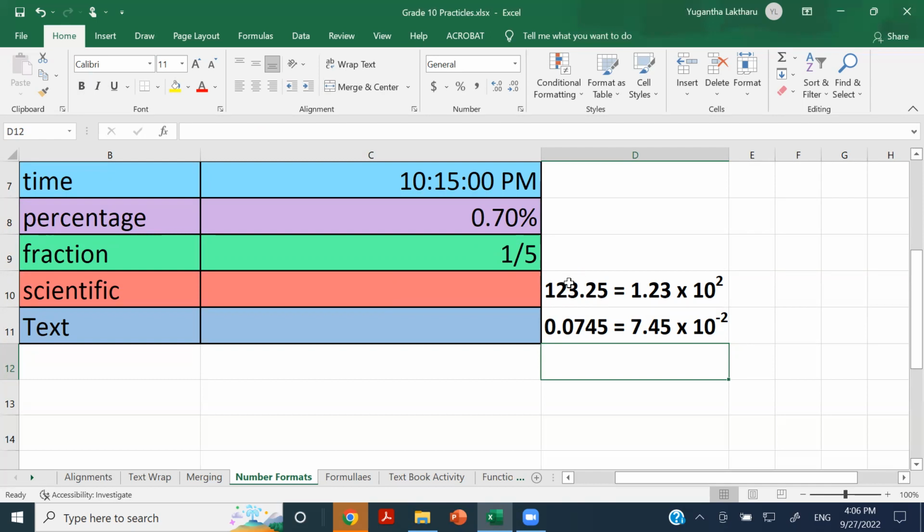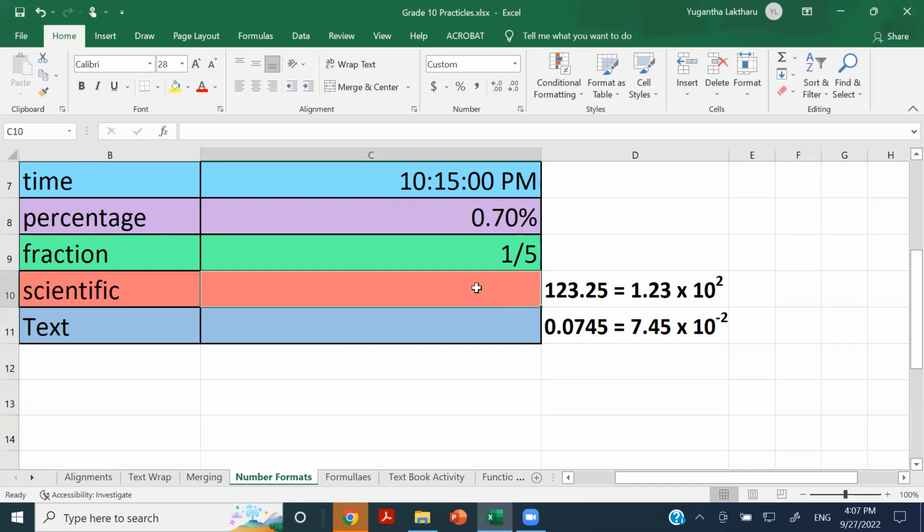Since it jumped 2 places to your left, it's the positive powers that we gain from 10 to the powers. And in the second example, 0.074, it is written as 7.45. When you write 7.45, this decimal point jumps 2 times to your right. So if it jumps to the right hand side, it's the negative powers.